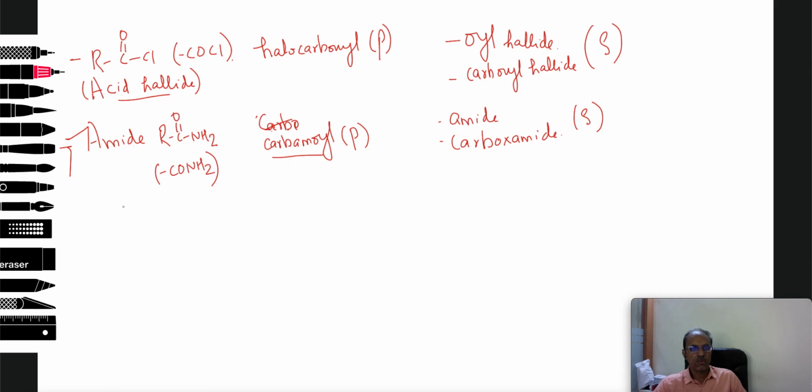Now, here is something different. There is no carbonyl. This is RC triple bond N, which is known as nitrile. It's also written as CN. The prefix is cyano.